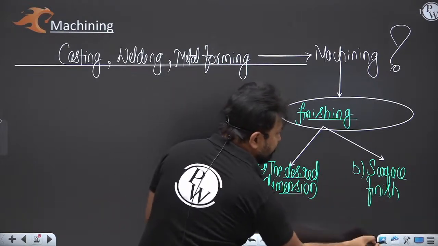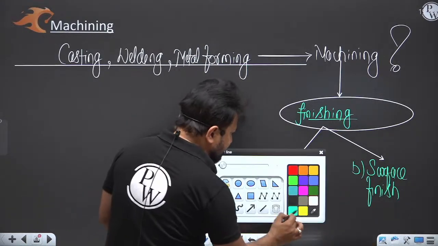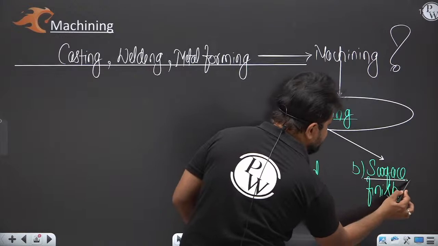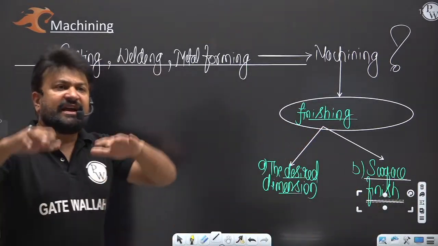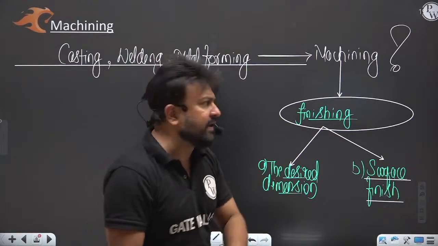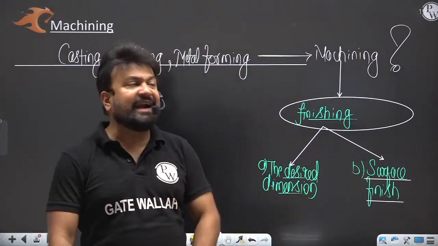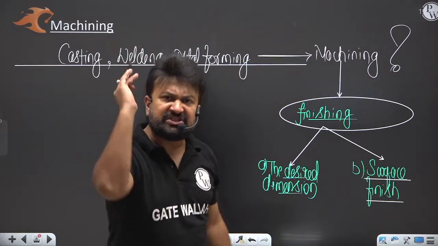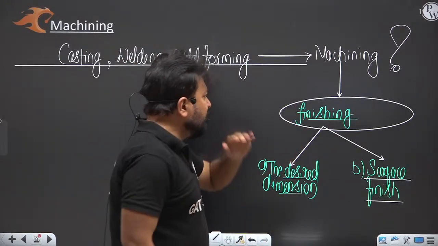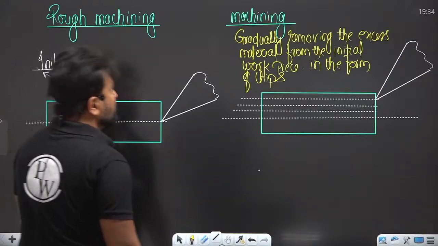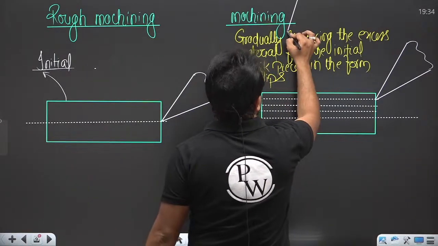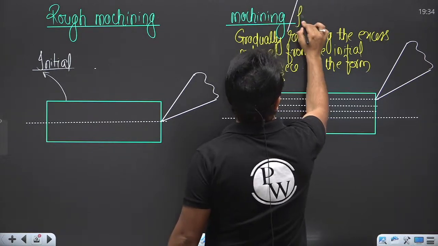Desired dimension and surface finish. When you get a good surface finish and the desired dimension, it means that you are doing finishing. So machining, by default, means finishing: desired dimension and surface finish.